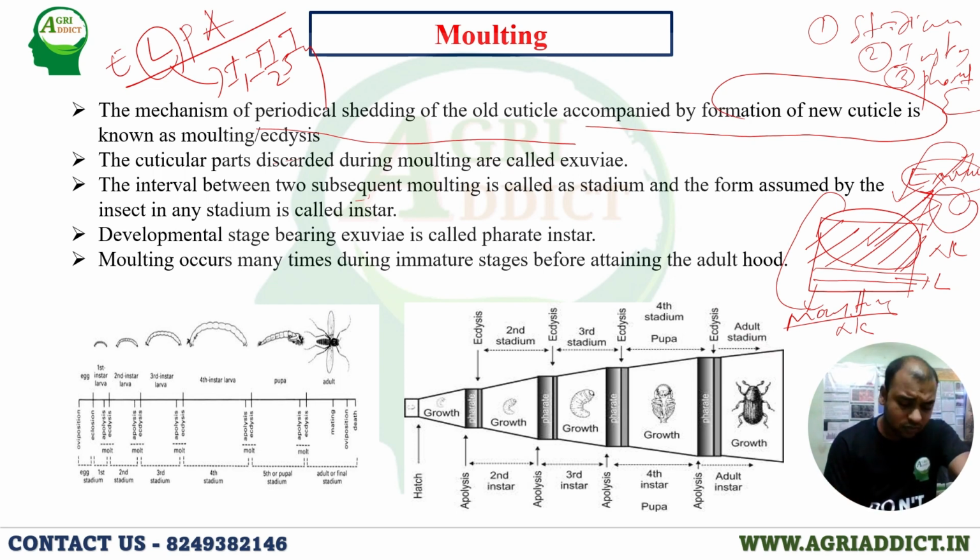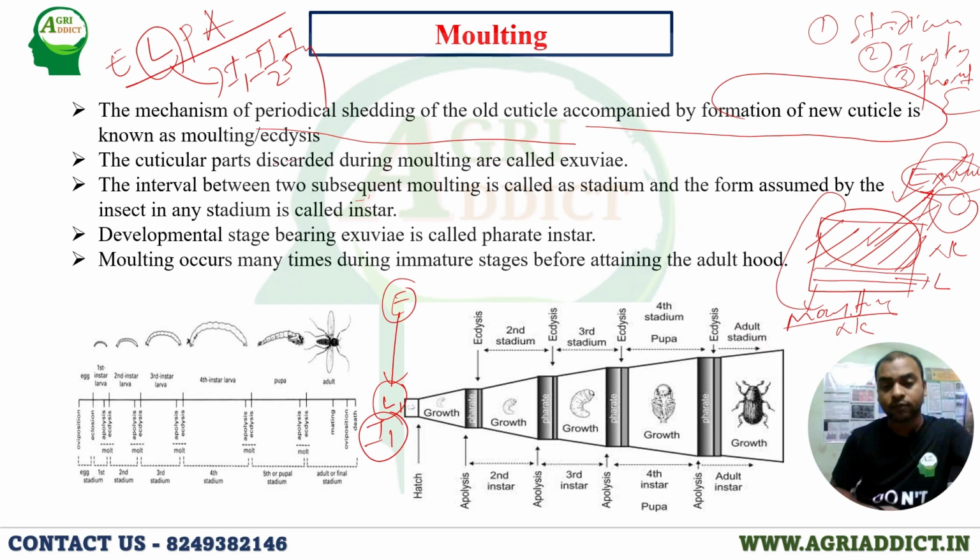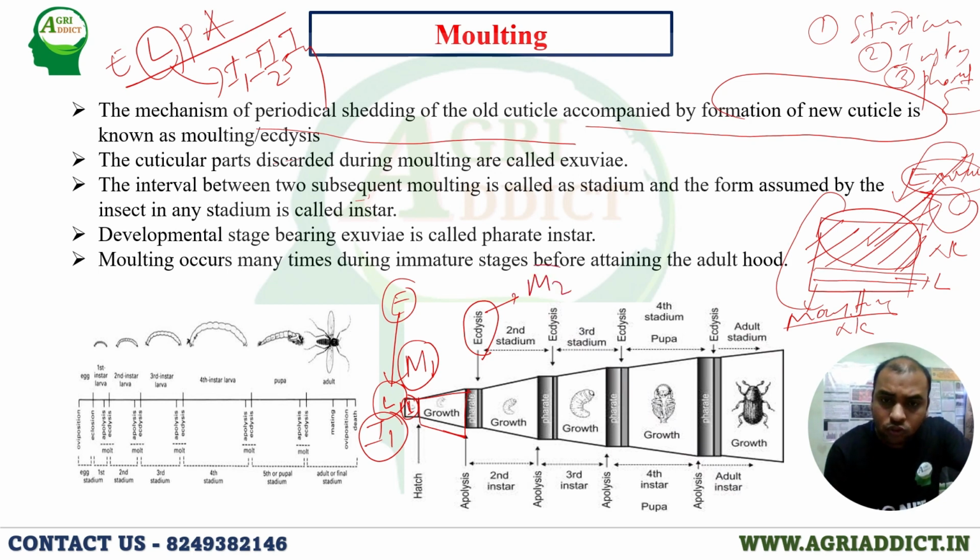First I will discuss the instar. In this picture, first the egg is there, and from the egg comes instar one. Starting from this instar one, the molting process starts. This is instar one, this is molting one. There is growth of instar one, and then another molting, molting 2.